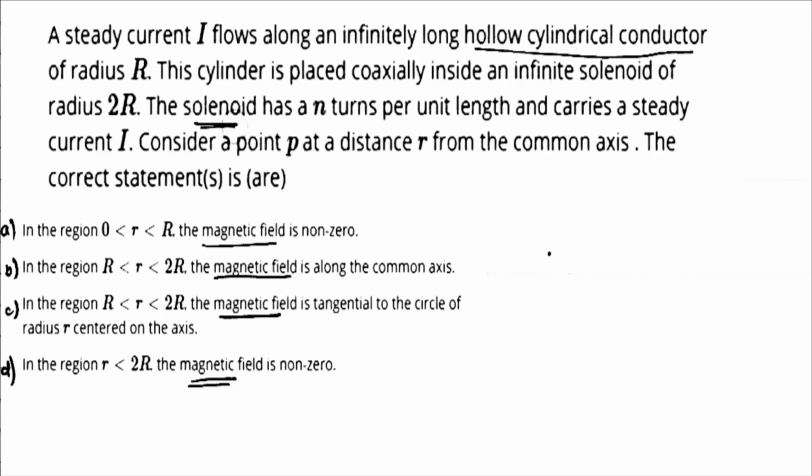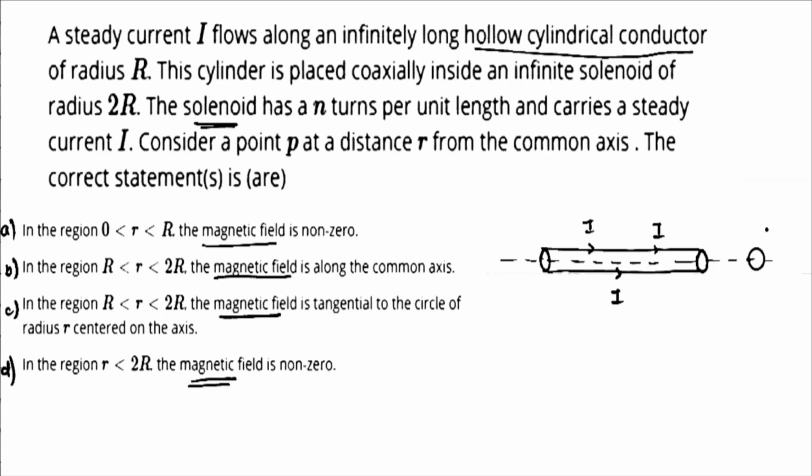First of all, let's say we have a hollow conductor like this, in which a current is flowing, and current always flows through the circumference. Let's say current I is flowing through this hollow conductor, and let this be the axis of the conductor.